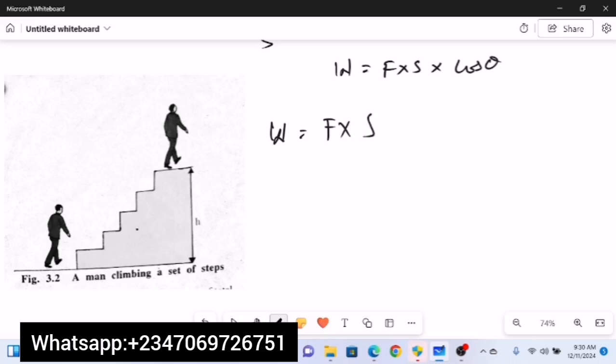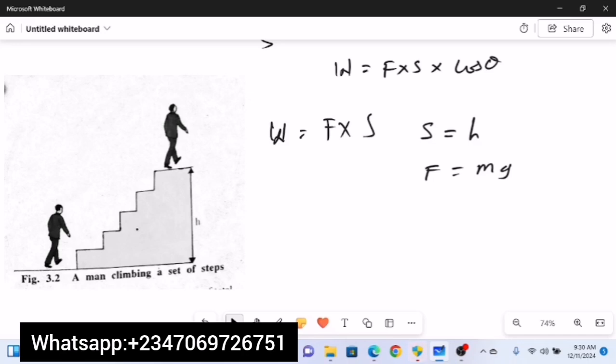In this case, the distance covered is the height of the staircase climbed by the man, whereas the force is actually the weight of the man, which is given simply as mass times gravity. The mass of the man multiplied by gravity gives us the weight of the man.